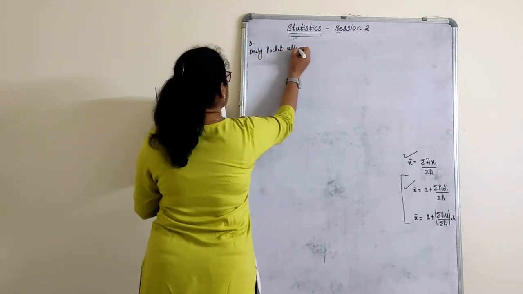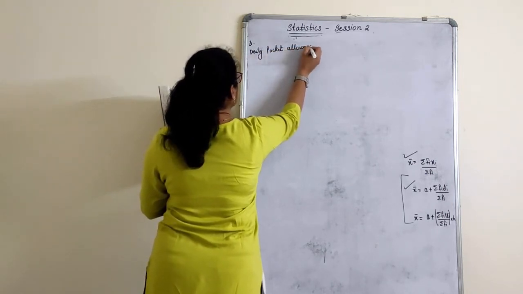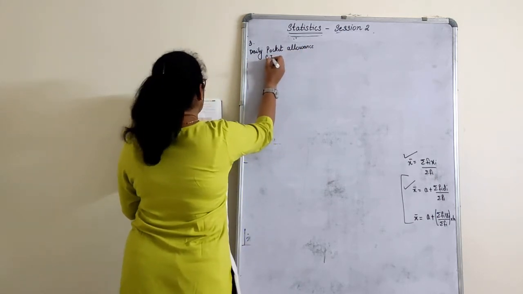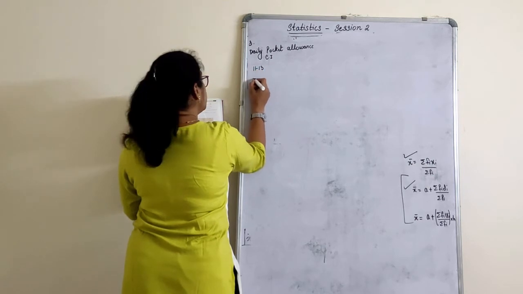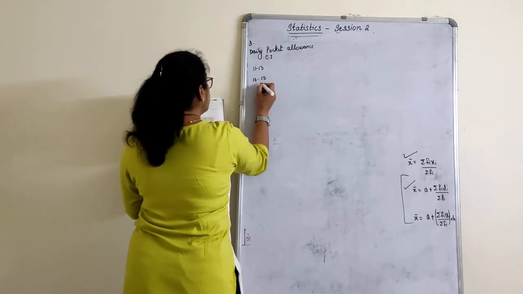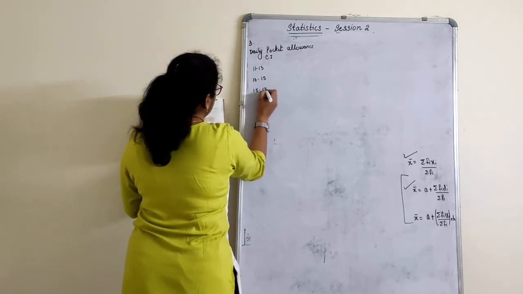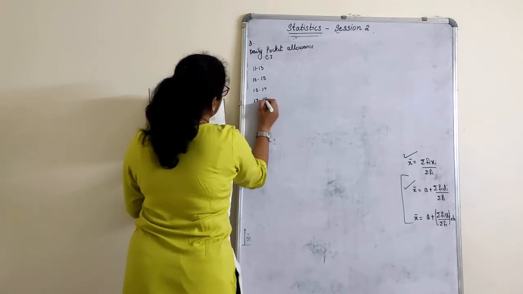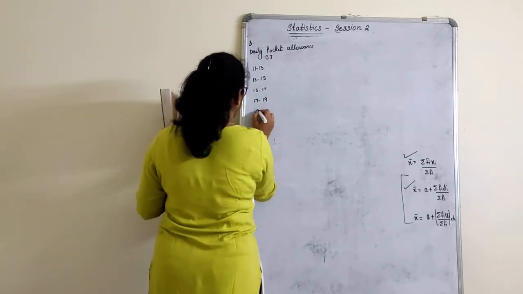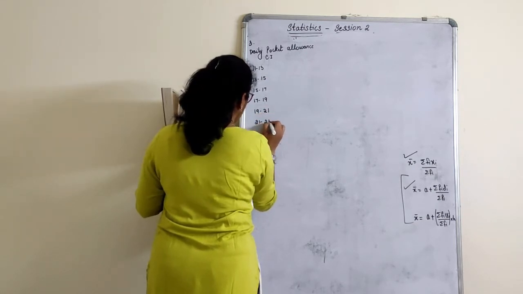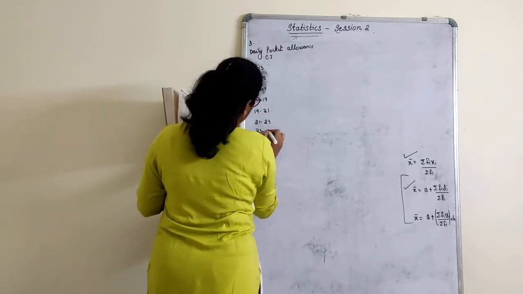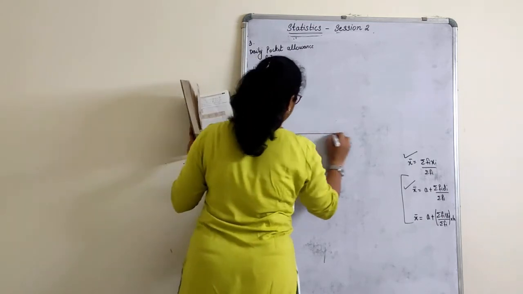Daily pocket allowance is class interval: 11 to 13, 13 to 15, 15 to 17, 17 to 19, 19 to 21, 21 to 23 and 23 to 25.